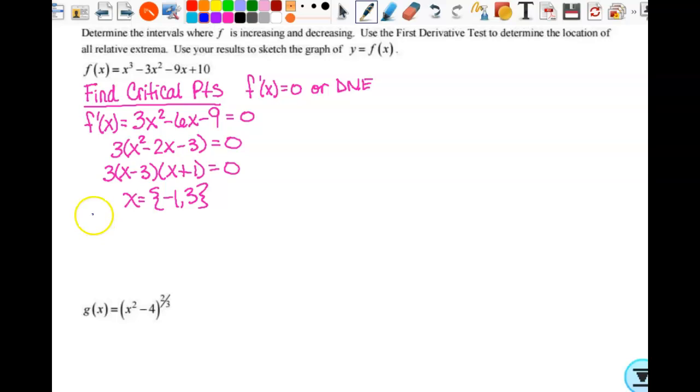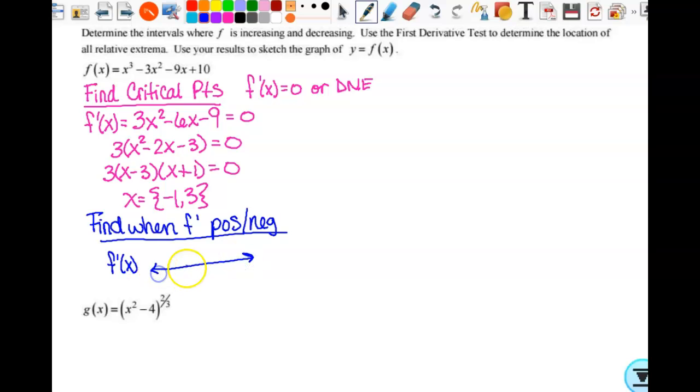Okay, so now we're going to find when f prime is positive or negative. That means I make my sign chart for f prime of x. On there go my zeros, -1 and 3. And I can use my factored version here. This is positive, so it doesn't really affect anything.